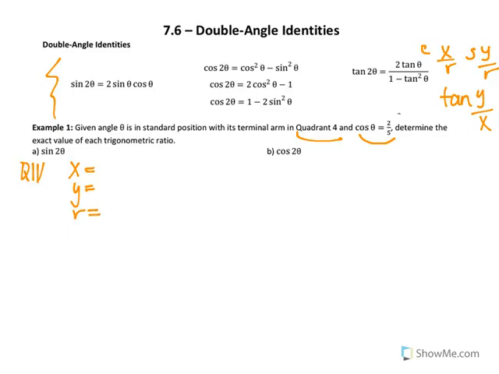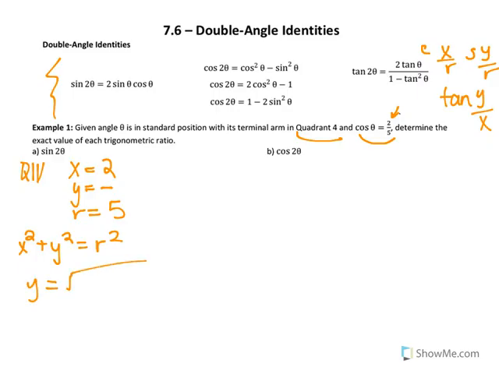Our x value is going to be 2, and it's positive because it's in quadrant 4. Our r value is always positive, and we know we're going to get a y value that's going to be negative. So we're going to use the fact that x squared plus y squared is equal to r squared. So r is equal to the square root, just kidding, we're looking for y.